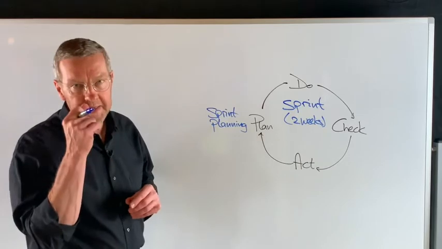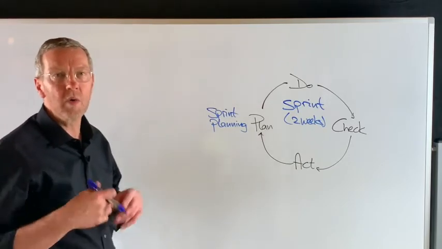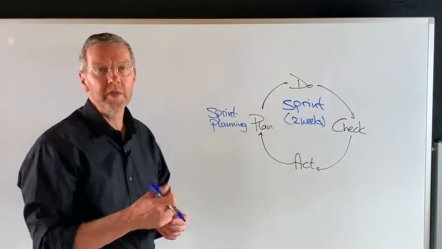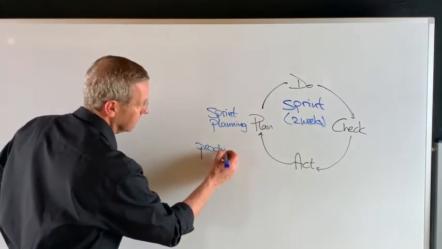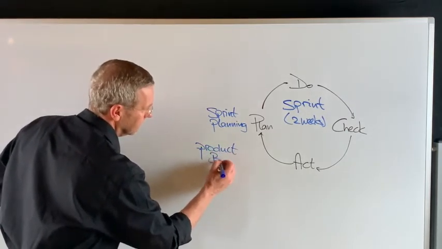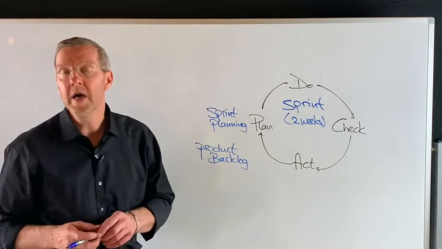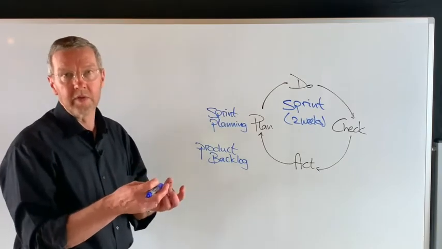What activities are necessary? The input for those activities, all the activities that are necessary to deliver a full product, are listed on the product backlog. A long list, well, as long as necessary, with every activity to get that final product out of the door.